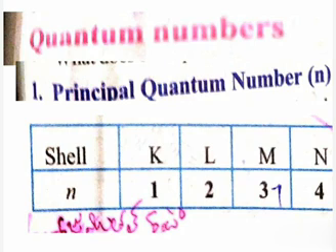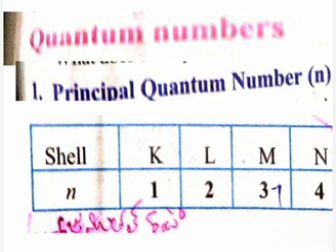The values n equals 1, 2, 3 are often represented by the letters K, L, M, N, and so on. For each n value there is one main shell. So the principal quantum number is related to the size and energy of the main shell. n has positive integer values 1, 2, 3.